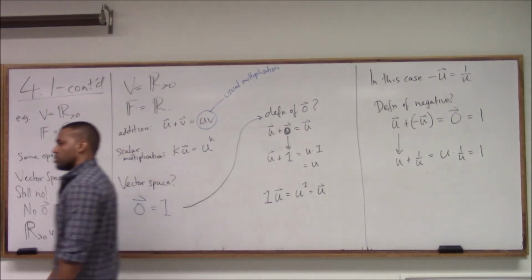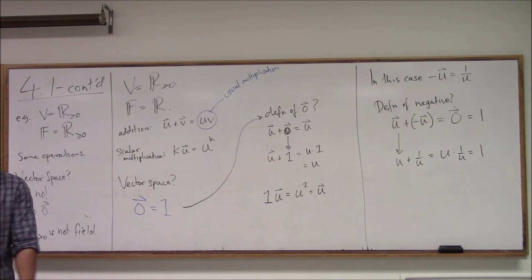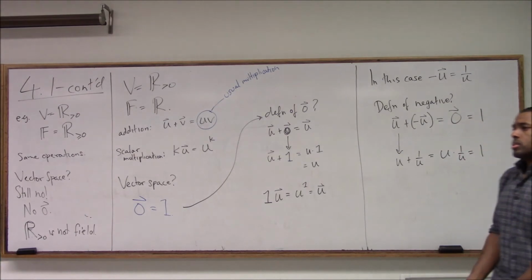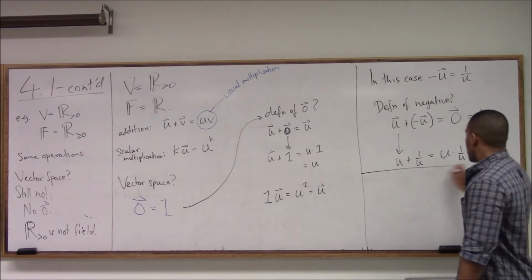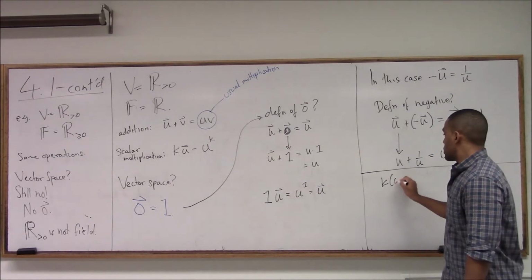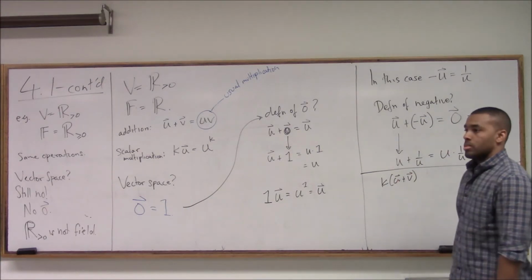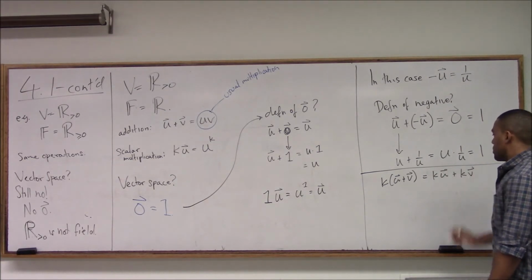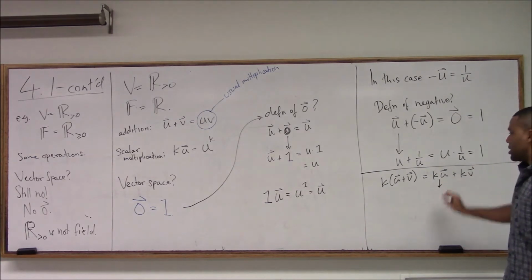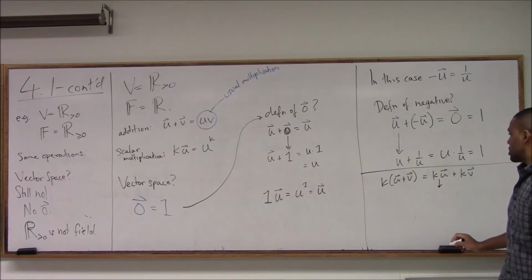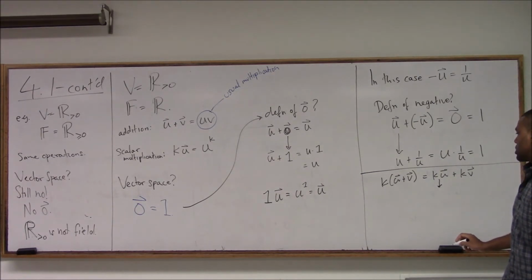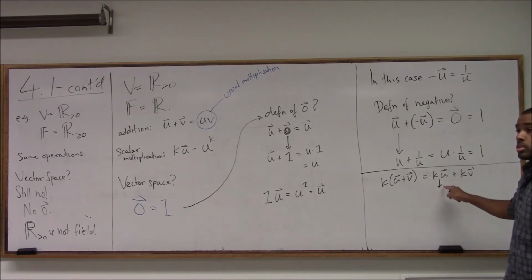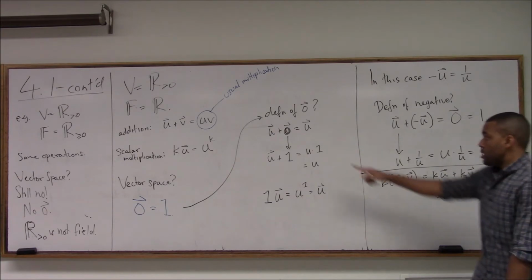I don't think it meets the distributive property for multiplication. Oh no, maybe it does. Which property are you talking about? Like k times (u plus v) equals ku plus kv. Well, according to our definition, what is this? It's u to the k plus v to the k, by my definition.